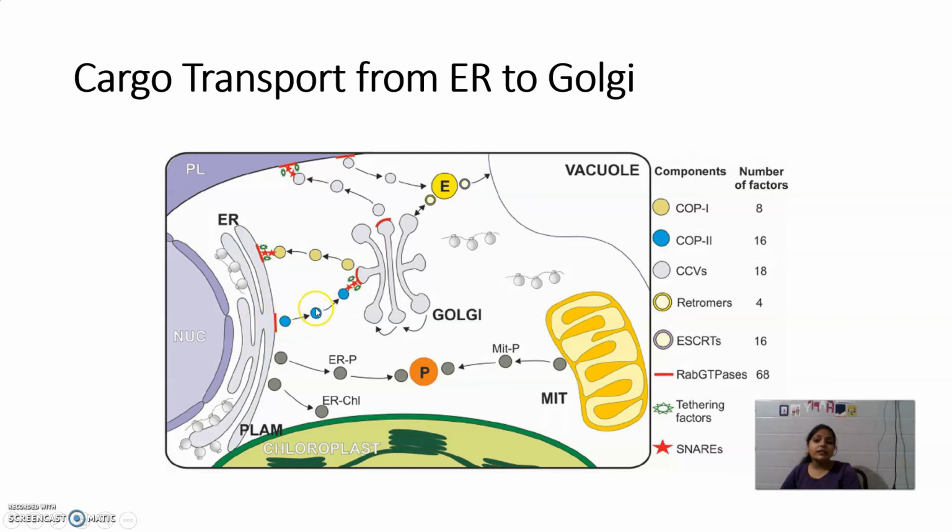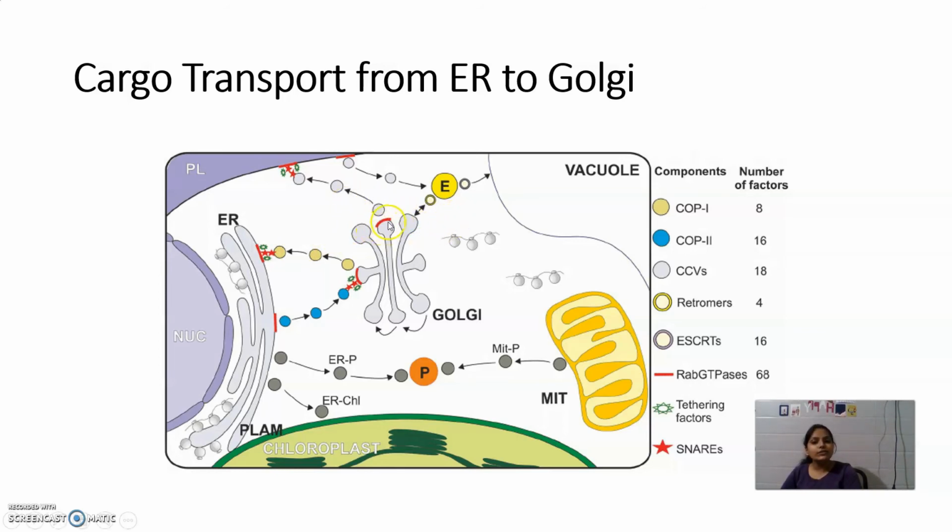These are leaving the ER and then fusing with the cis Golgi compartments. These have the COP2 type of protein coatings, and the ones undergoing retrograde transport from the Golgi to the ER have the COP1 type of vesicles.